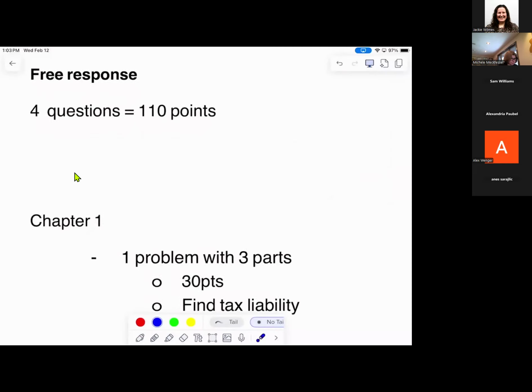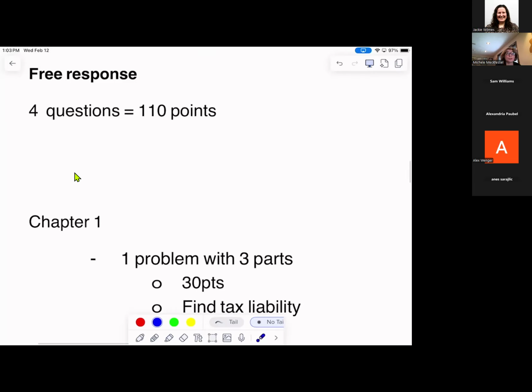Now we're back. All right, so you have 4 free response questions worth 110 points. This is really pretty consistent across the semester: the free response section of these exams will be worth many more points than the multiple choice section of the exam.